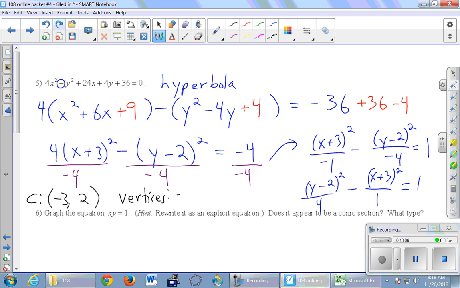So up 2 from the center: negative 3, 4. Down 2 from the center: negative 3, 0. I'll put in parentheses up and down 2 from the center, and it's a 2 because the square root of 4 is 2.